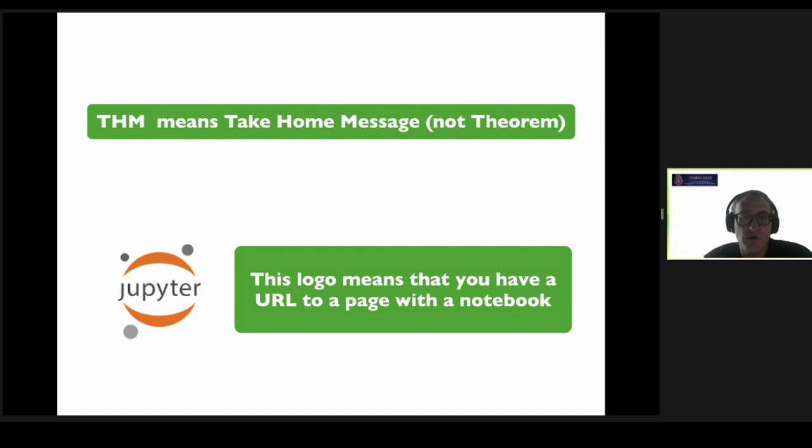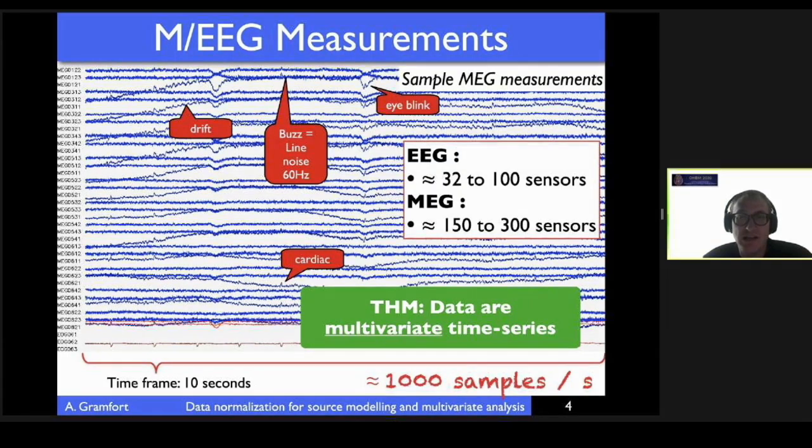Here, what you see now is a page of 10 seconds of MEG data. You have many lines because EEG and MEG data are multivariate. What multivariate means is that you're not observing a single time course, a single signal, but multiple ones at the same time.